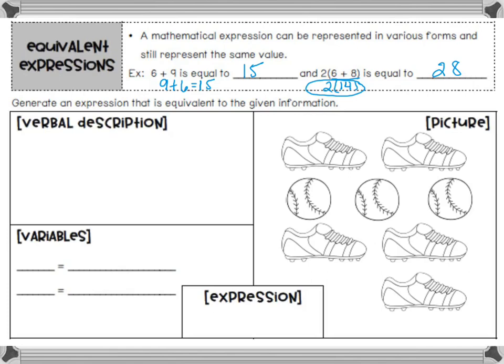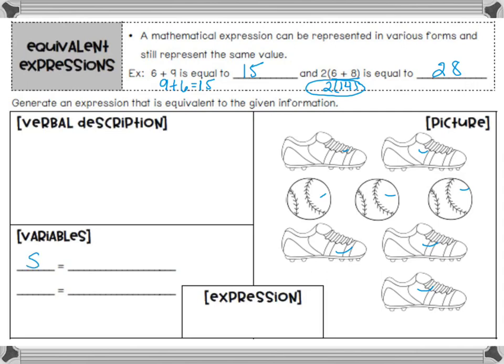So let's look at what we have pictured here in this scenario. We have 1, 2, 3, 4, 5 shoes and 1, 2, 3 balls. So the first thing that I'm going to do is assign variables to what I see in my picture.